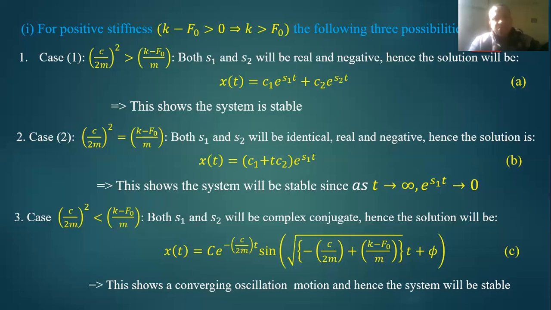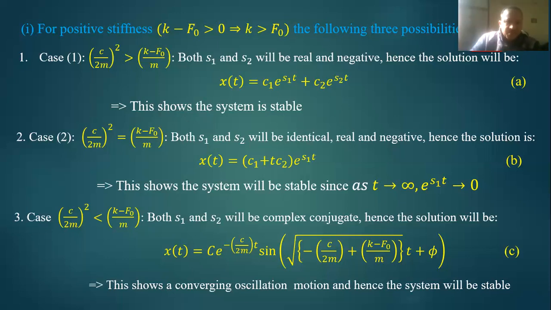e raised to S1 times t approaches 0. And the third case under this condition is (c over 2m) squared less than k minus f naught over m. During this time, both S1 and S2 will be in complex conjugate form.